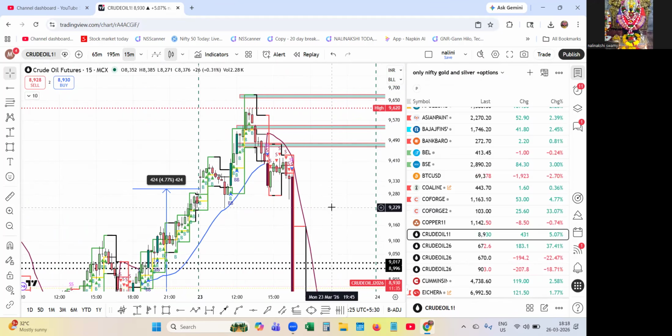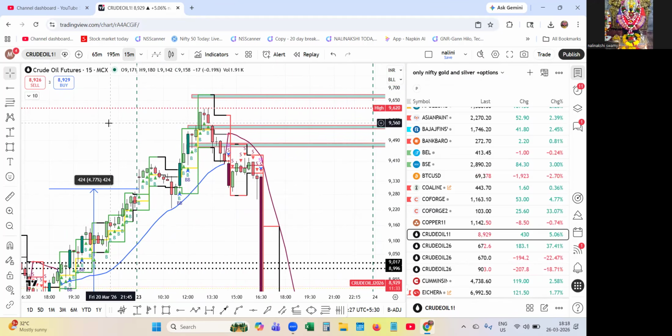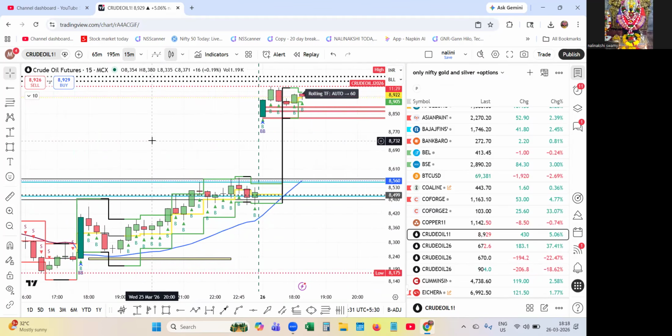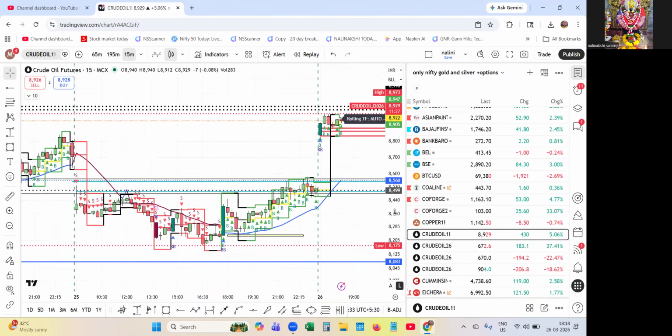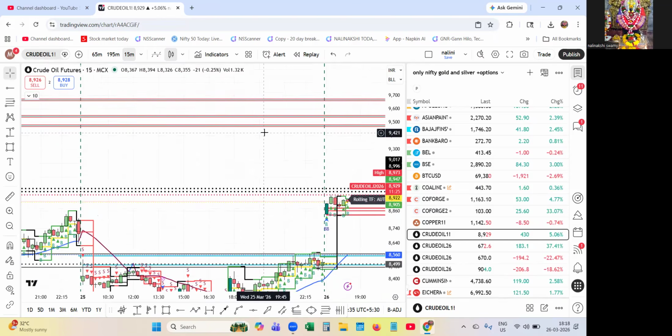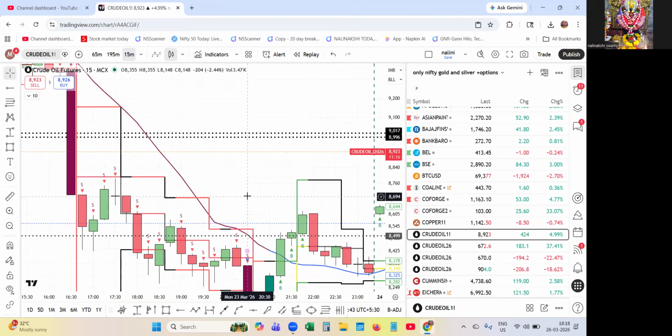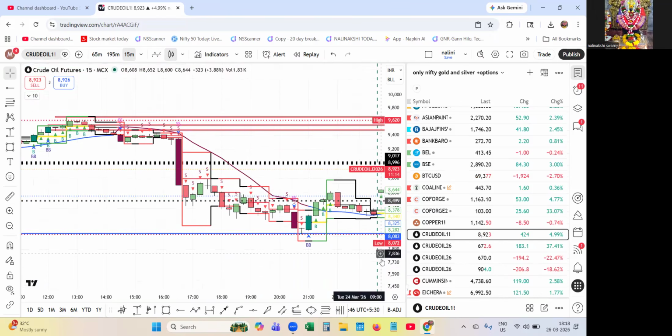That is 9,690. Let me reset. Now it is showing 8,900. The reference is far off and this is a gap down. Since it is a gap down, we can take the reference point from this.